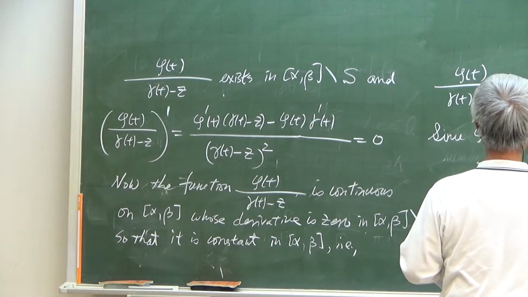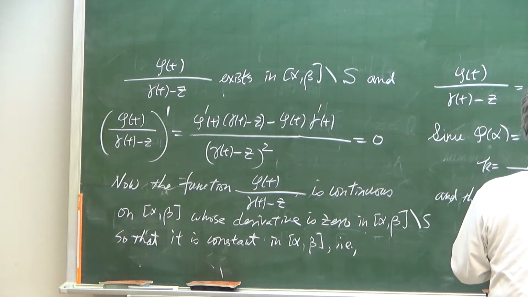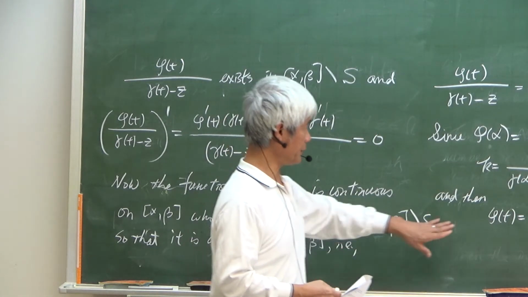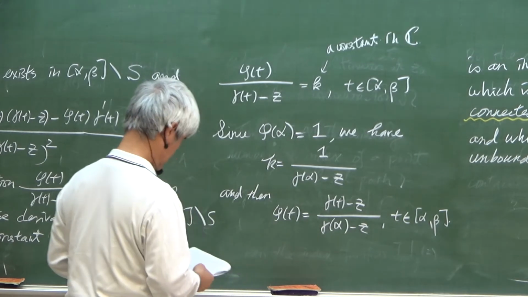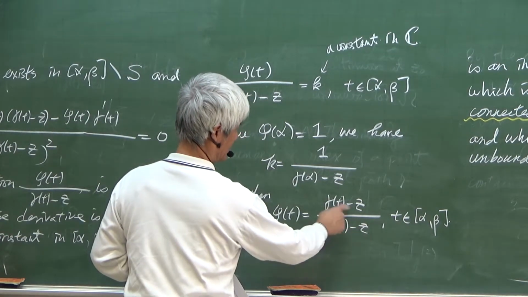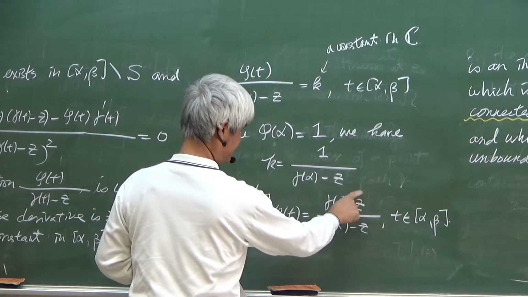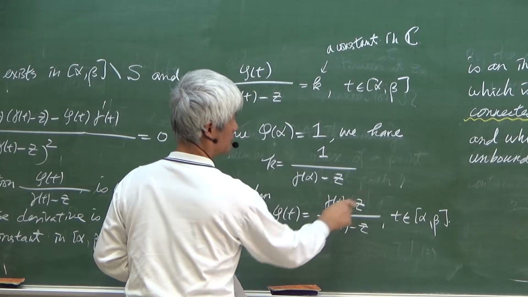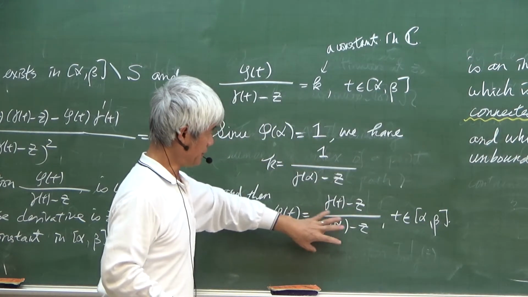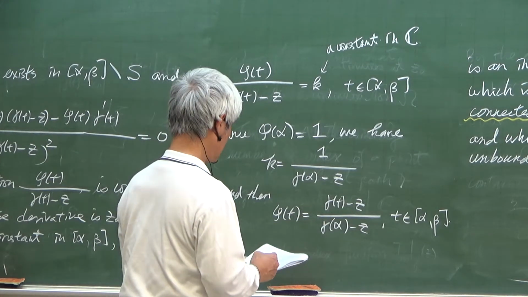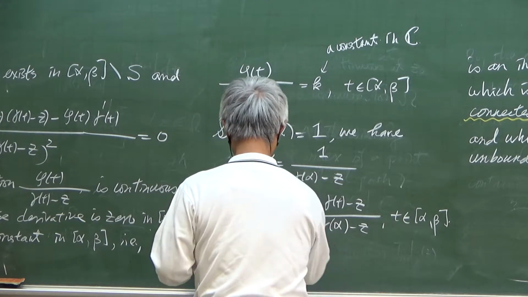So now we know how to express phi t. Phi t is just this function: the path gamma t minus a fixed complex number, since we fix z, divided by some fixed non-zero complex number.